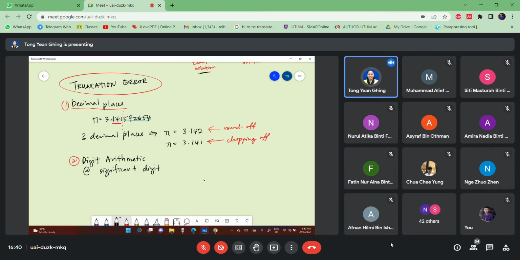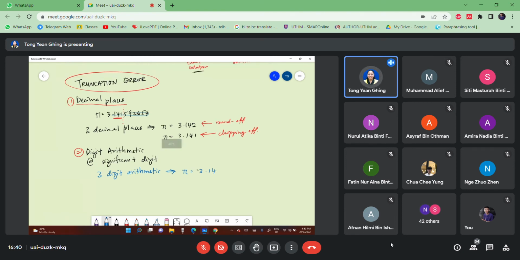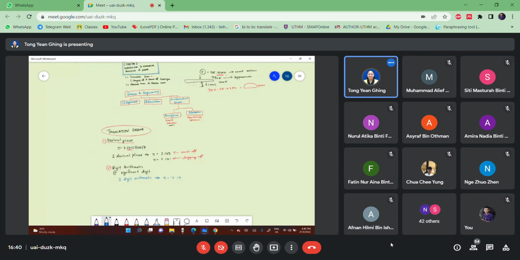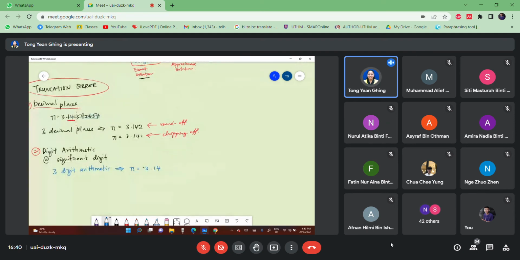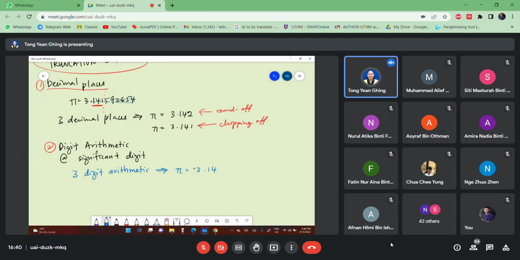Let's say I want 3-digit arithmetic of pi. So let's say I use round off, pi will be equal to 3.14. For digit arithmetic, the 3 digits include the one in front. Sorry, for decimal just now, we only counted the ones behind, after the decimal point. But for digit, the digit in front is also included.